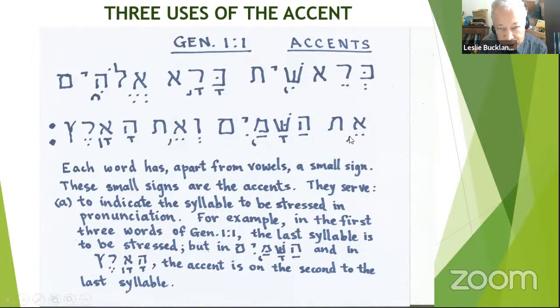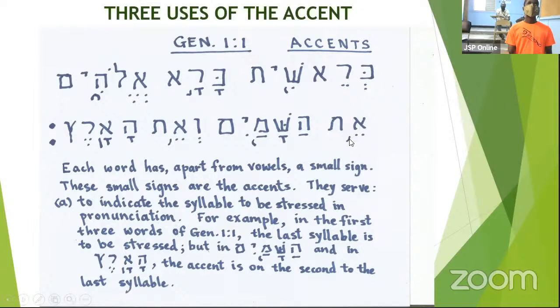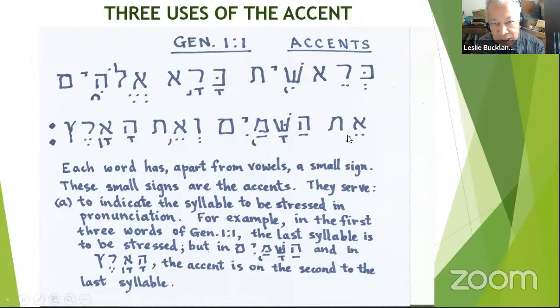Now I have my pointer. You see this mark here? That's another accent mark. Now this word has only one syllable. And therefore there is no other place for the accent to go but this syllable. It is the only syllable there is. And so it indicates that this word is to be stressed. This syllable is to be stressed. Eith, eith. Now, ha-shamayim.